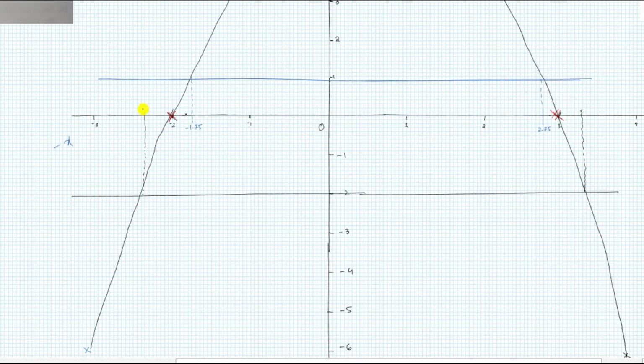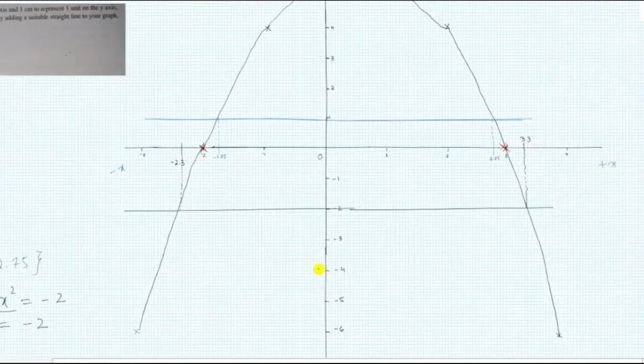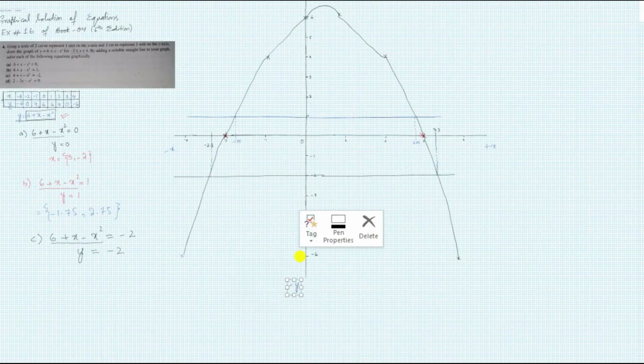Okay, so from here the x value is minus 2.3 and here the x value is 3.3. Okay, so the answer of this part is the value of x is minus 2.3 and 3.3.